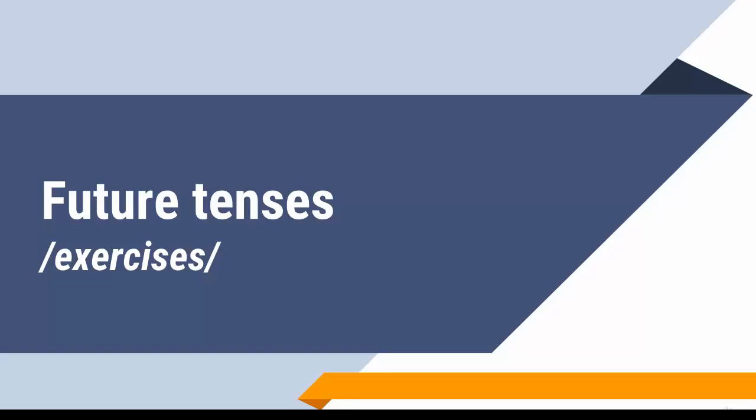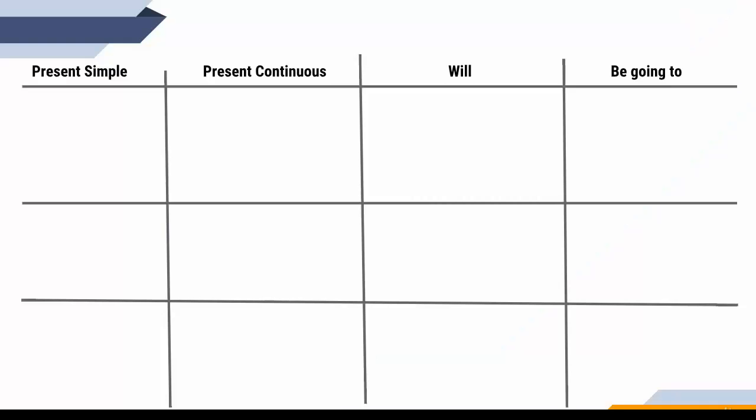After the present and the past tenses, it's time to revise what you remember from future tenses. The PDF is attached after the lecture, so please open it and do the exercises. First we are revising, after that checking everything.